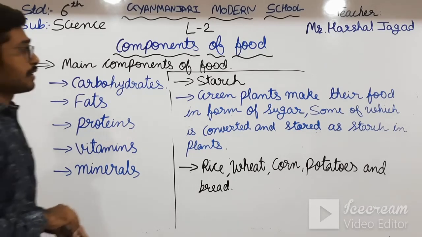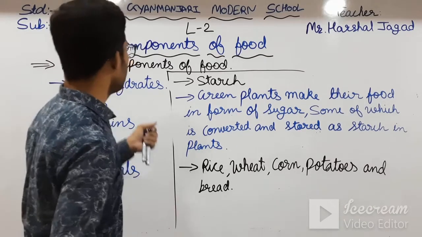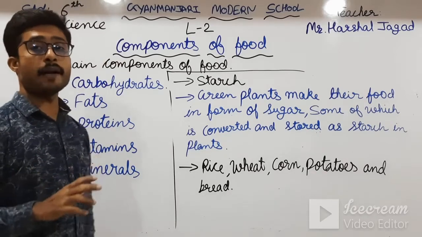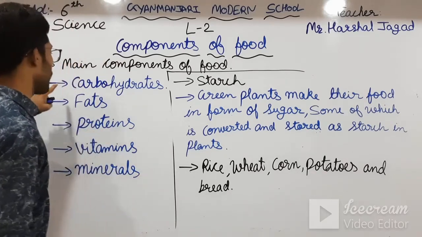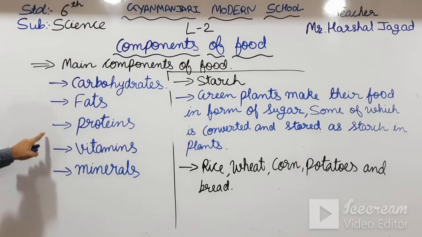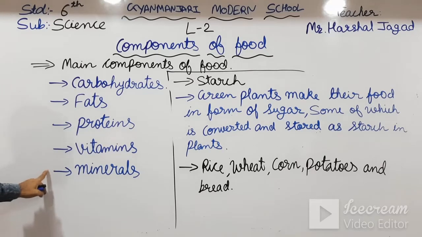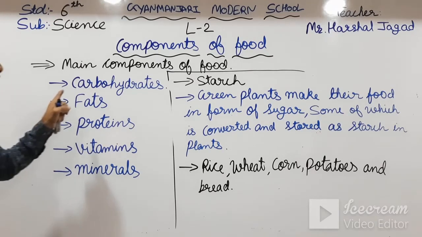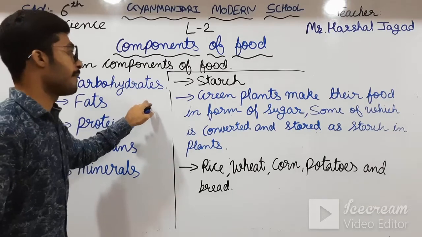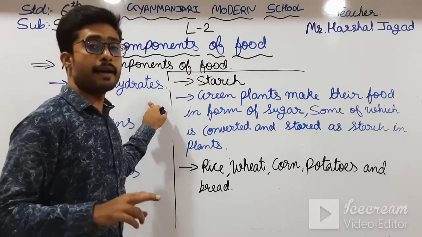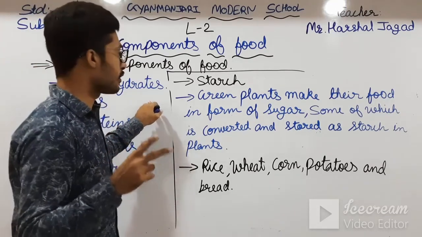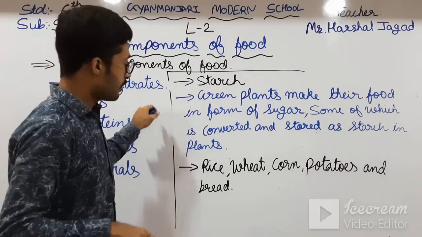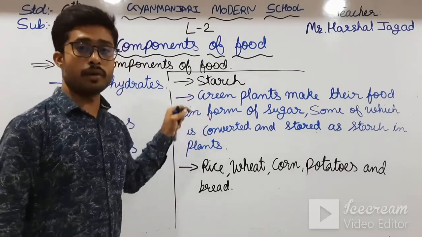Okay, students. First of all we have seen the main 5 components of the food, that are carbohydrates, fats, proteins, vitamins, and minerals. And then further we are studying about the carbohydrate. Carbohydrate is further divided into 2 parts, that is sugar and starch. First of all, we have seen the sugar.